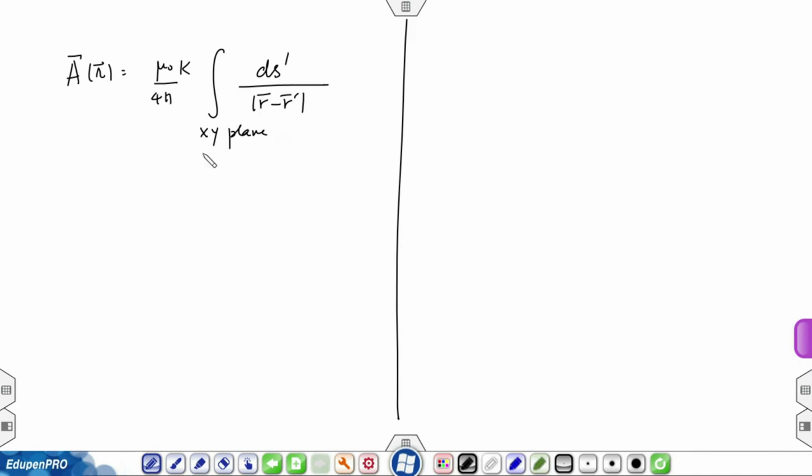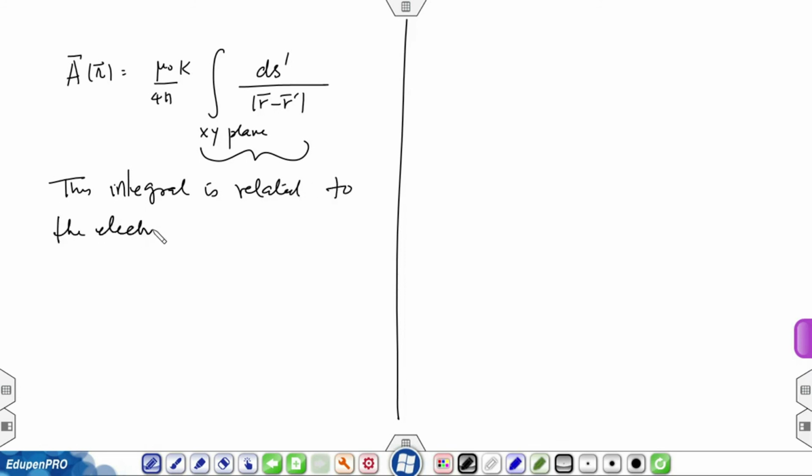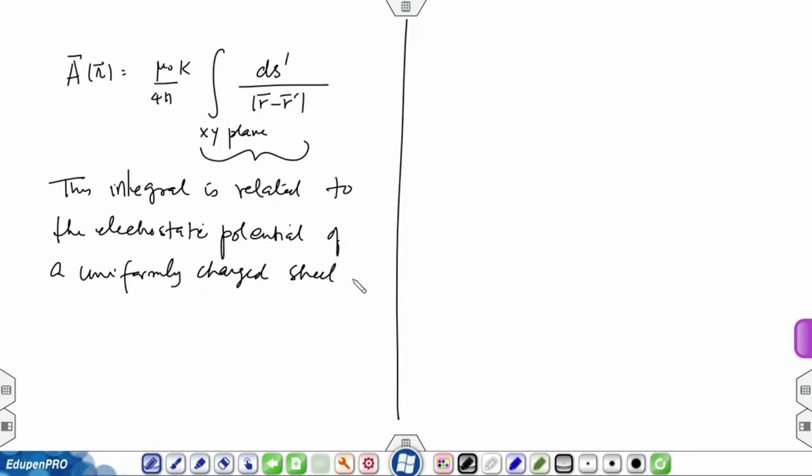If you look at this integral, it is related to the electrostatic potential of a uniformly charged sheet in the x y plane.